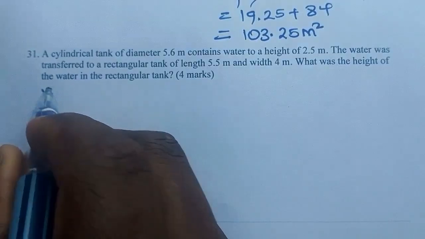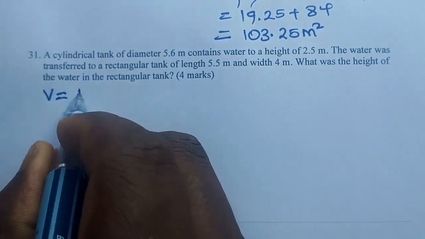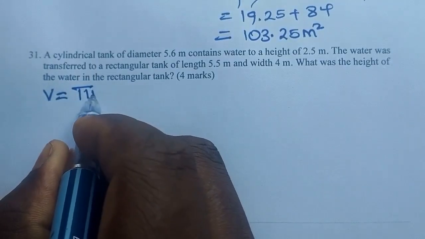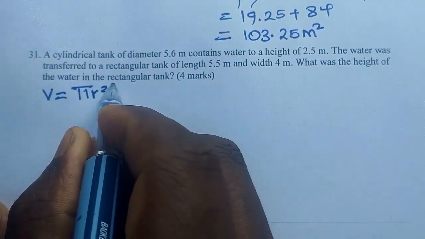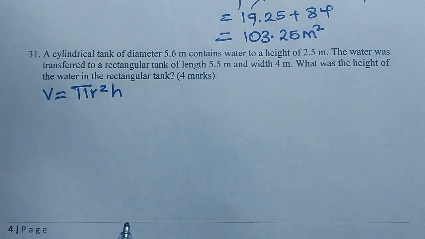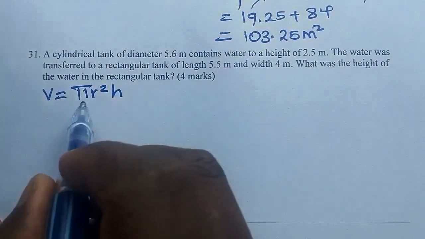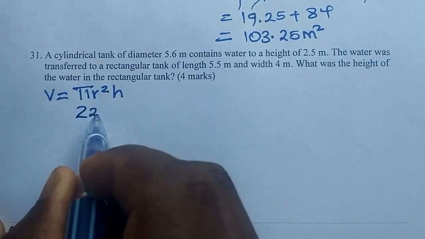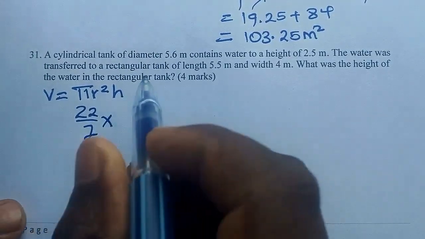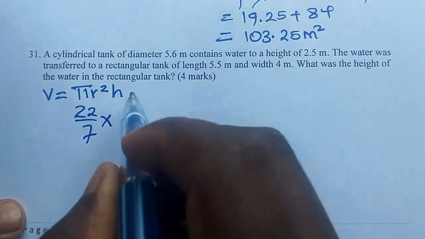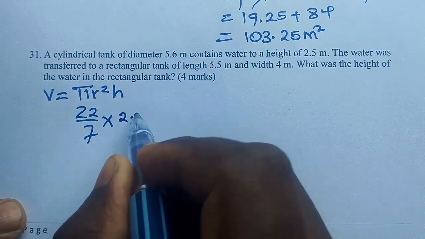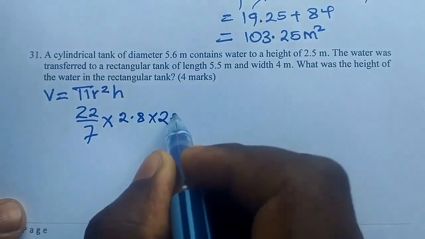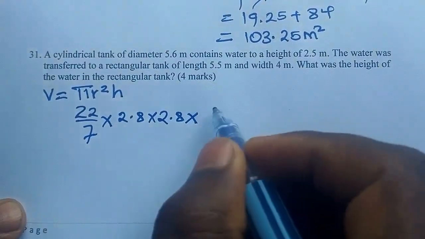The volume of a cylinder is given by pi r squared h. So pi is 22 over 7 times the radius. If the diameter is 5.6, then the radius is 2.8 times 2.8. And then the height is 2.5.